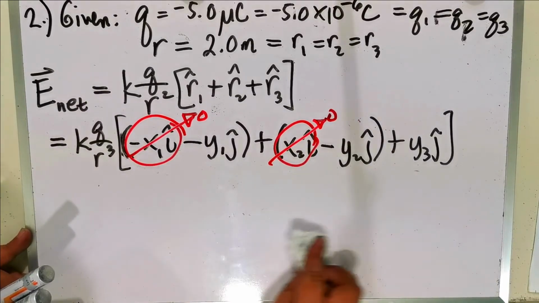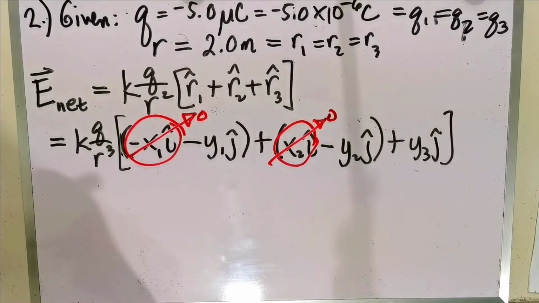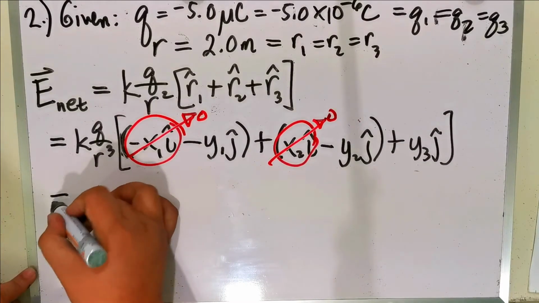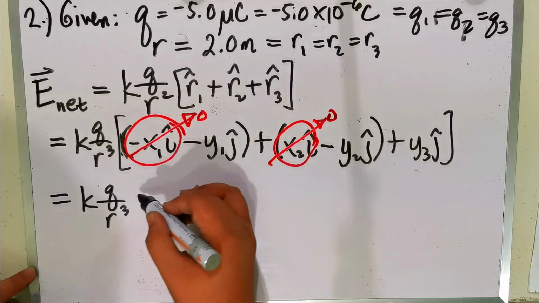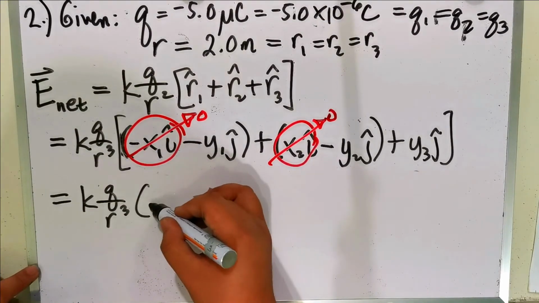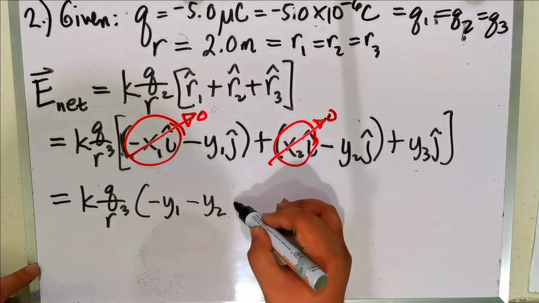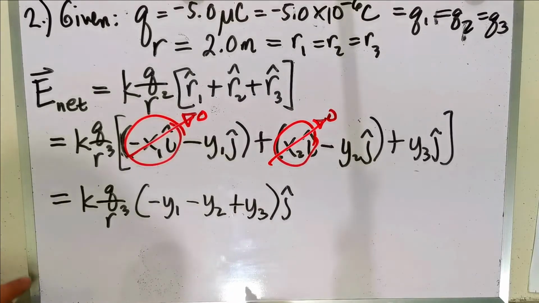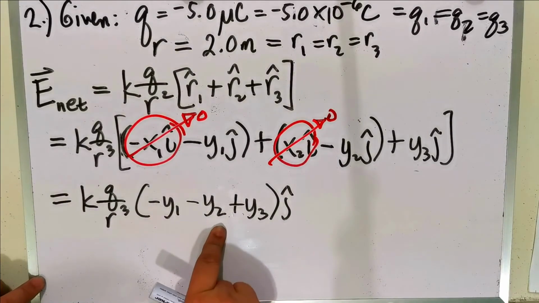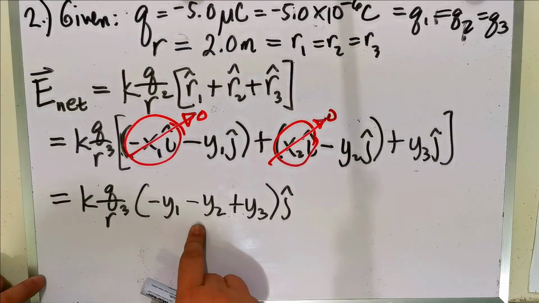So, that is now equal to kQ over r cube. And this is times negative y1, and then you have minus y sub 2, and then plus y sub 3 j hat. But remember, y1 and y2 are 1. So negative 1 minus 1 is negative 2.